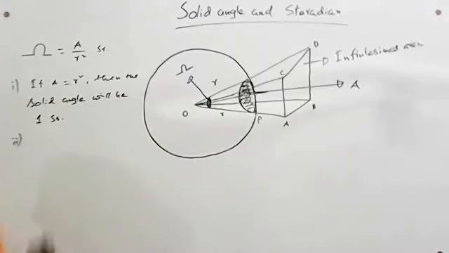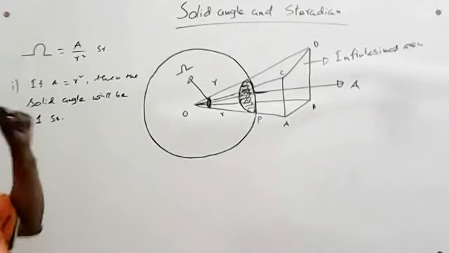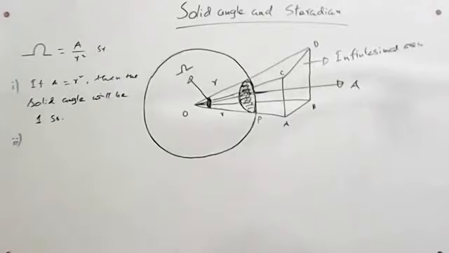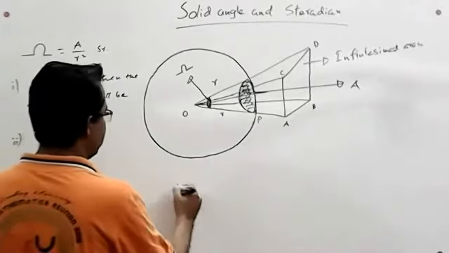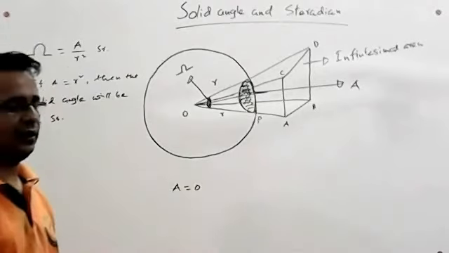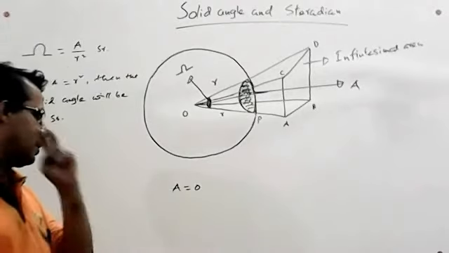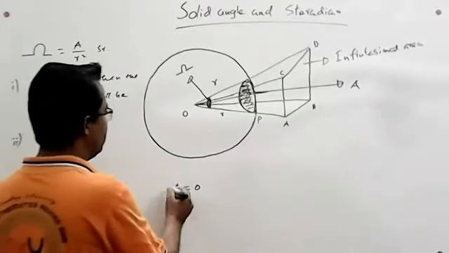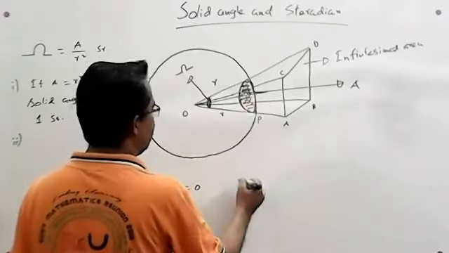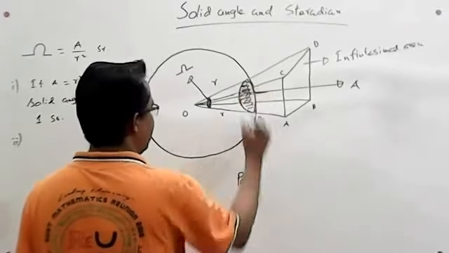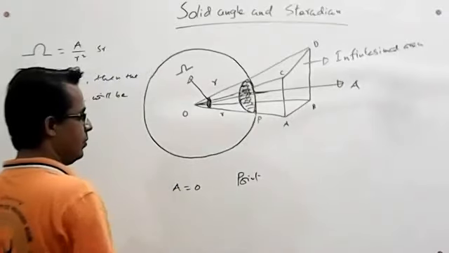For case 2, if the surface A equals 0, then what does it mean? Two cases arise. One case is A can be 0 if it is only a point. If it is only a point, then the surface will be 0.